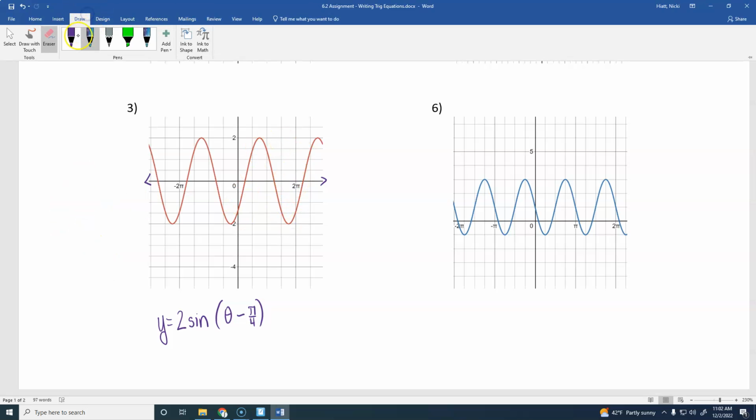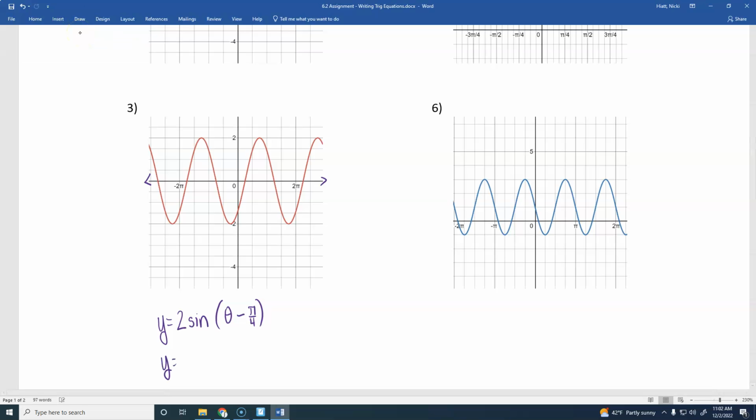The good thing about cosine is that amplitude stays the same, period stays the same, midline stays the same. The only thing that's going to change is your phase shift if you're using cosine instead. So everything about this equation should be the same except for the phase shift.